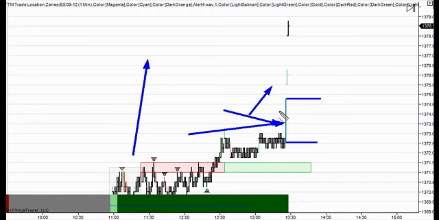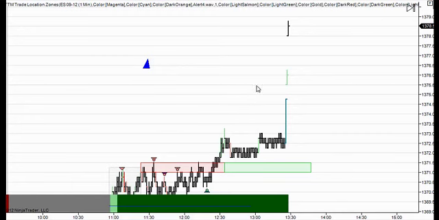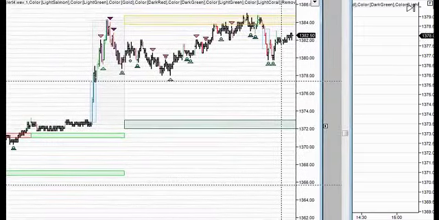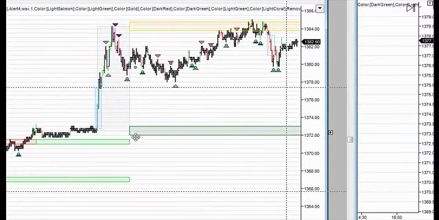So sorry about the replay data here, but I think you can still get the feel for what I'm talking about. For some reason this data is just not working out, but let me just bring over the chart that we actually had toward the end of the day, and you can get the feel.